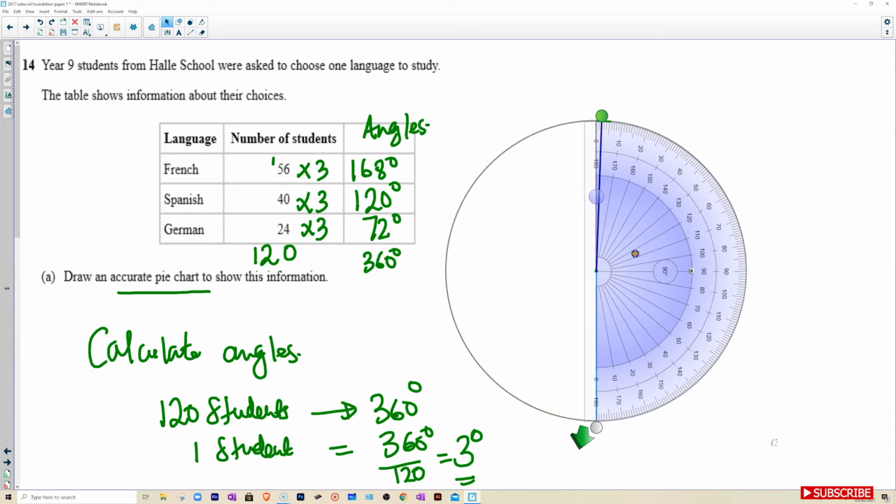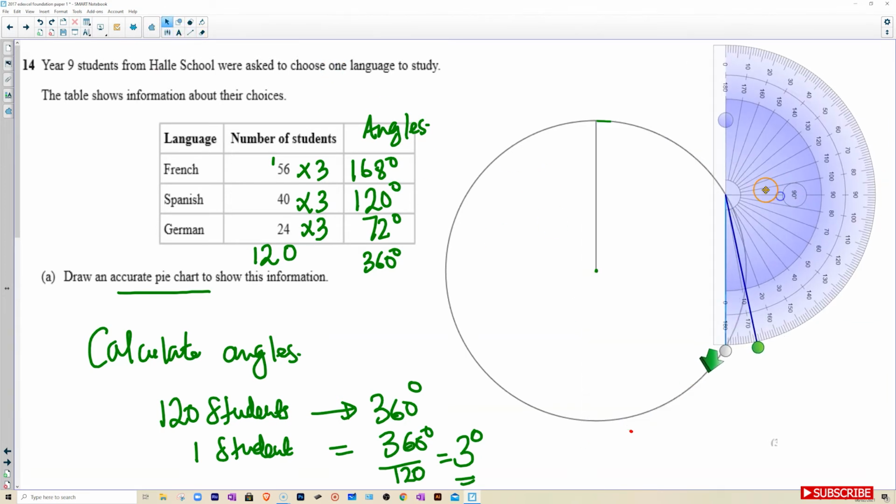I need to measure the angle of 168 to start with. 168 is over here. Let's go down all the way to 168, which is roughly there. So I'm now going to mark it. So it's somewhere there. And then I will move my protractor to draw the line.